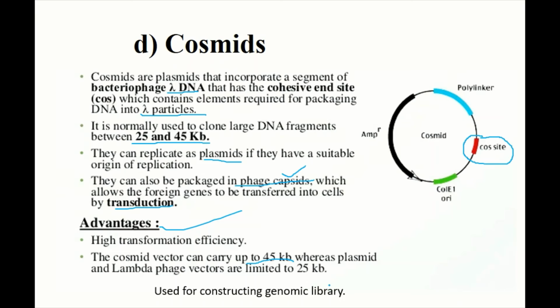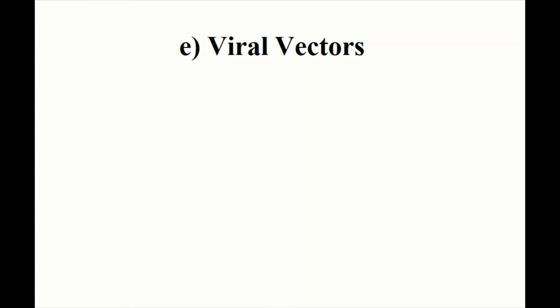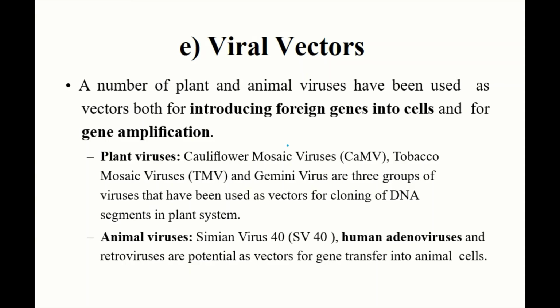They have been used a lot in the construction of genomic libraries. Viral vectors. So we usually have what we call plant and animal viruses that are used to introduce foreign genes into cells for gene amplification.